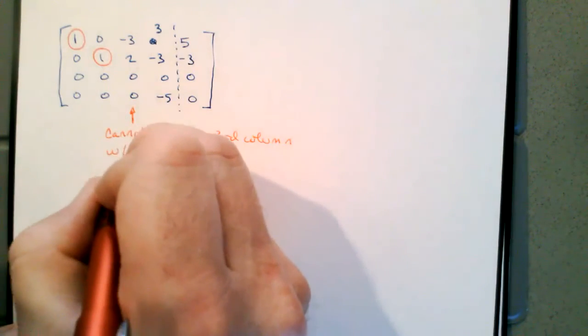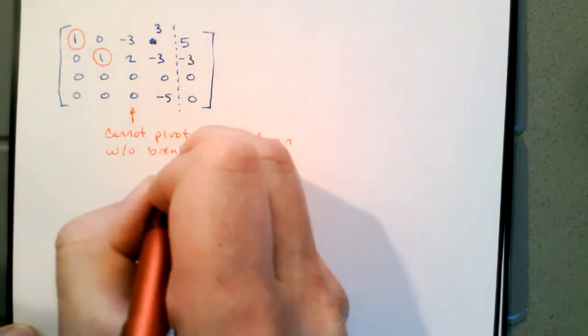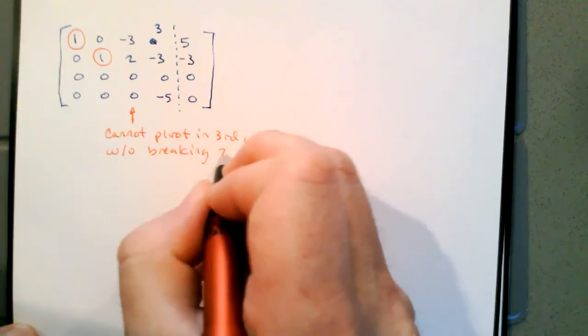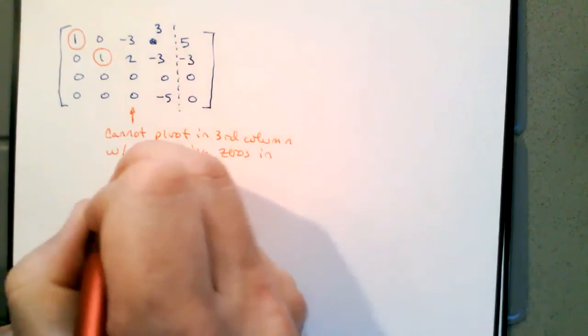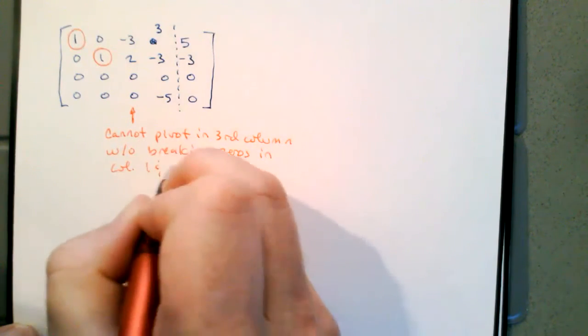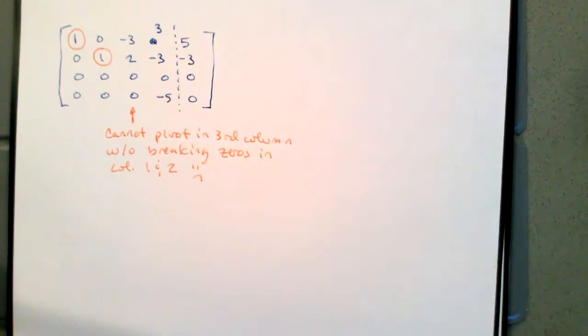Cannot pivot without breaking zeros in columns 1 and 2. We worked so hard to zero out those columns. We don't want to try to put a pivot in the third row, third column, because it'll break the things that we worked so hard for. So we go on to the fourth column.